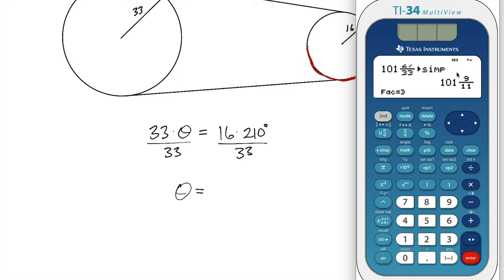And then, so this is a mixed number, and if I wanted an improper fraction, I could do that here in the calculator as well. Okay, and that gives me an improper fraction that represents the angle. I could also get a decimal if I'd like. And this would be the decimal form of my degree measure for the angle.